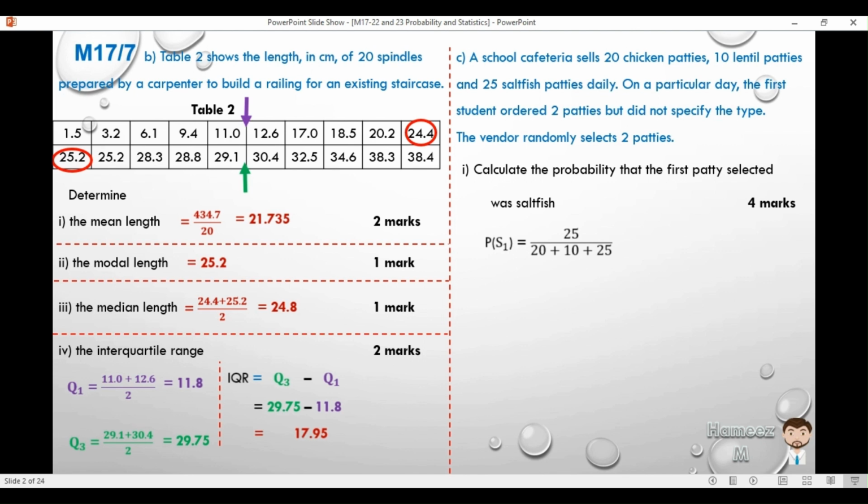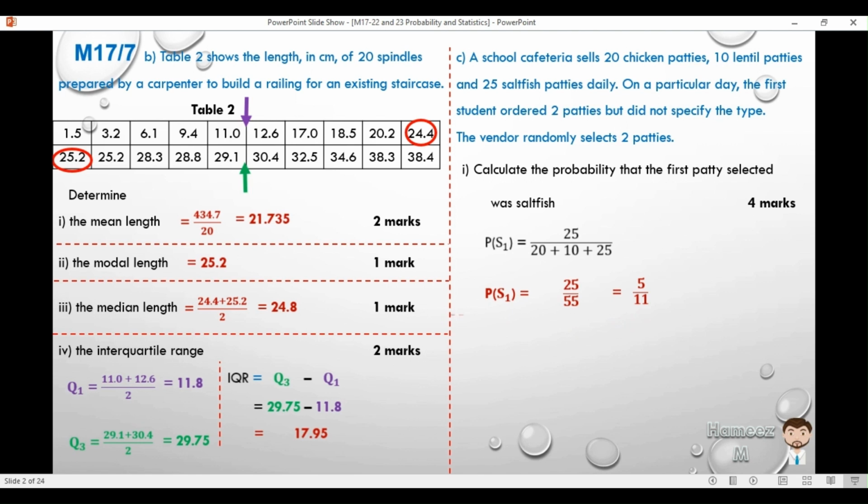So 25 all over 20 plus 10 plus 25, which is 55. So the probability of selecting saltfish as the first item is 25 out of 55, or we can reduce that, and that will give us 5 out of 11.